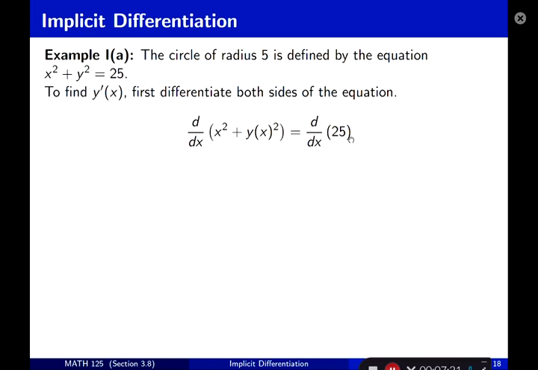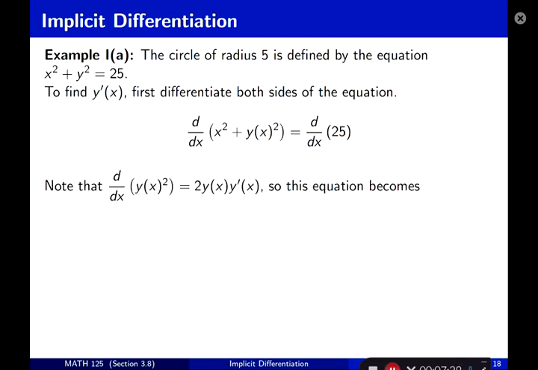And by the way, the derivative of the constant is going to be 0. So the derivative of x squared is going to be 2x. The derivative of y of x to the power 2 is going to be 2y of x times y prime of x, as this one is the generalized power rule.